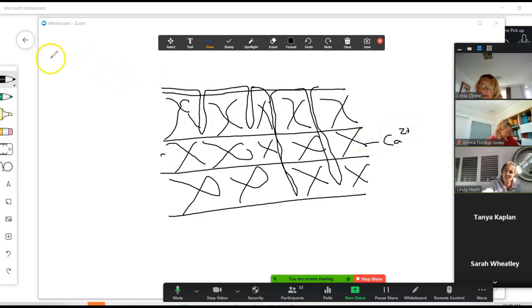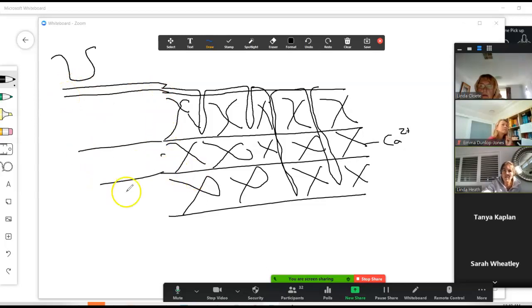Okay, so here you have your neuromuscular junction. All right, and it's basically sitting on the edge of the muscle, and this is continuing like this. Okay, so here comes your nerve impulse. What happens? You can tell me.